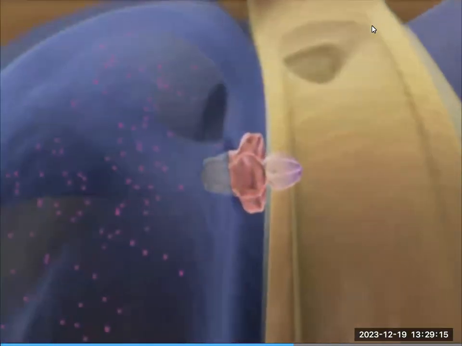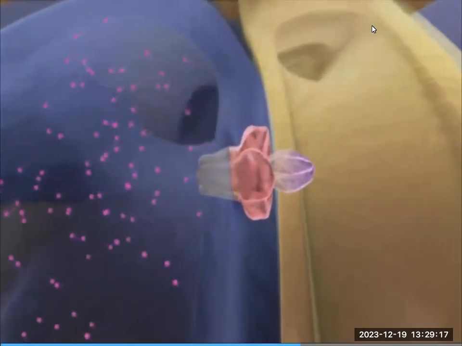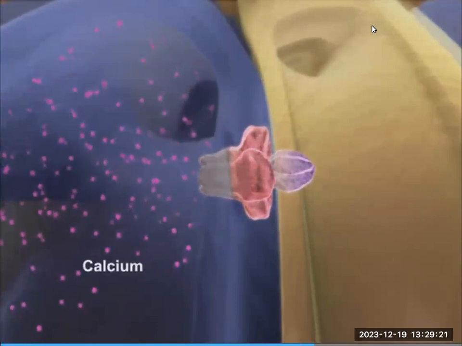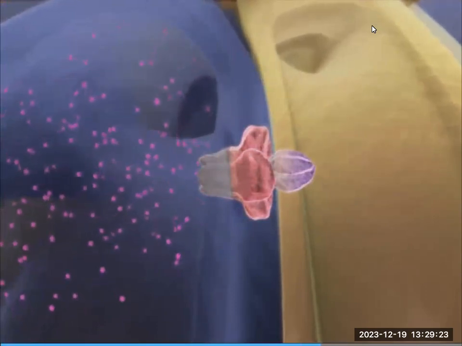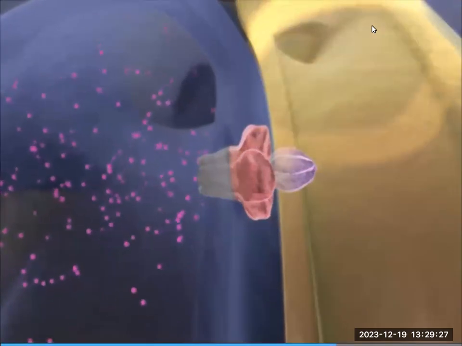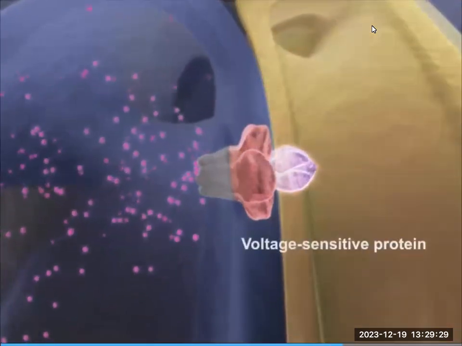The membranes of the T-tubule and terminal cisternae are linked by a series of proteins that control calcium release. As the impulse travels down the T-tubule, it causes a voltage-sensitive protein to change shape.